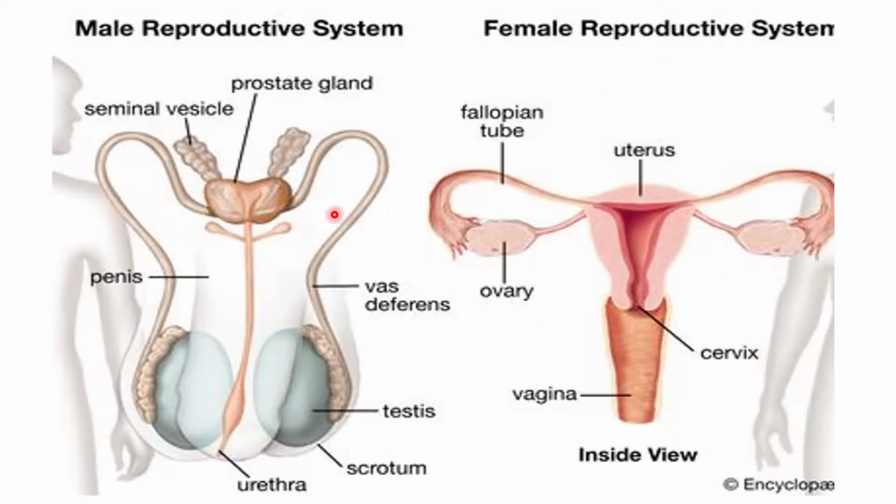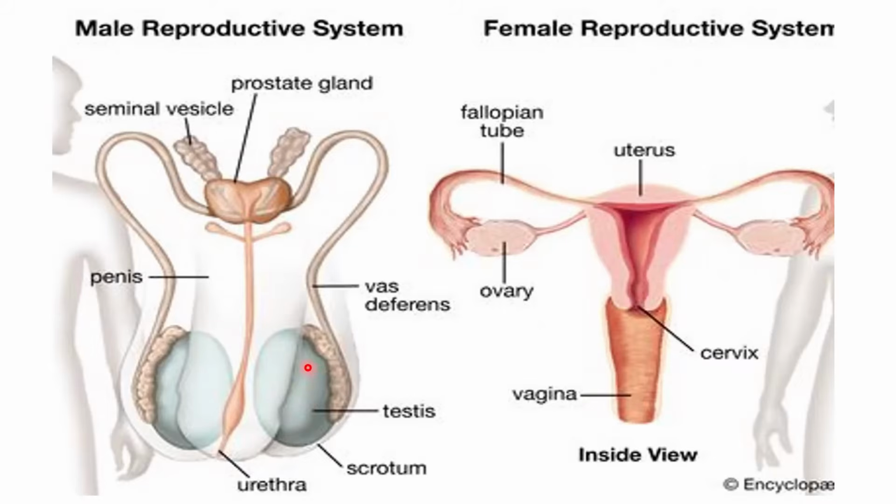So the male reproductive system contains the testes, which are two. You go to the vas deferens, seminal vesicles, you have the prostate gland, then you have this urethra here. Of course, we have the bulbourethral glands, prostate gland, and the seminal vesicles in the reproductive system.